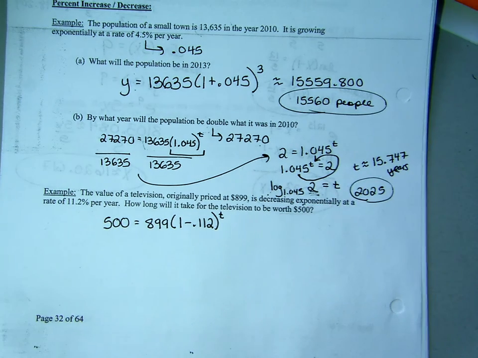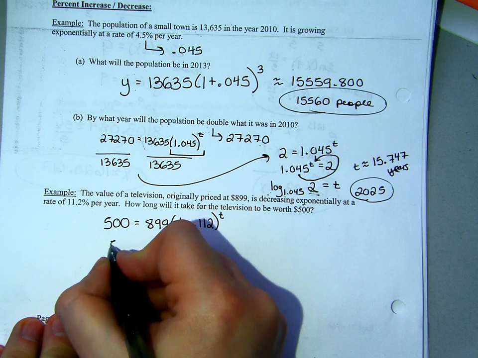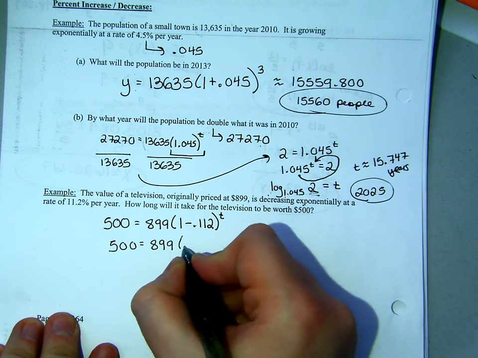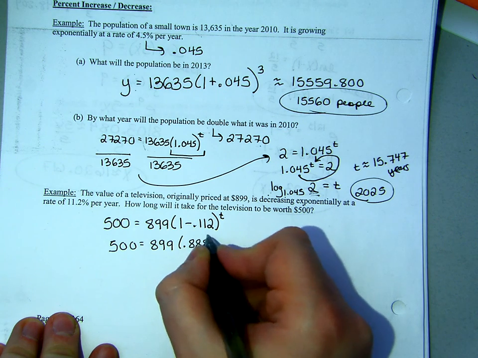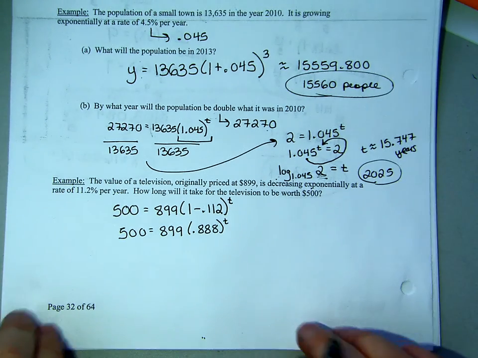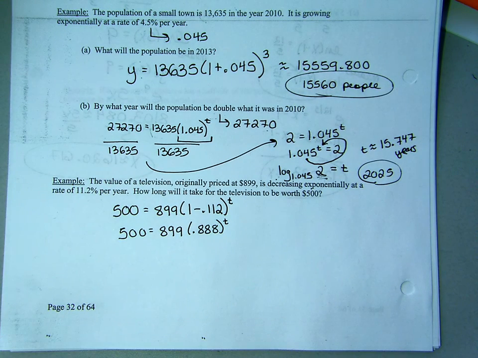No. Do not do any solving yet, please, because there's a certain way I want to make sure we deal with this. I'm getting 500 equals 899 times 0.888 raised to the t.